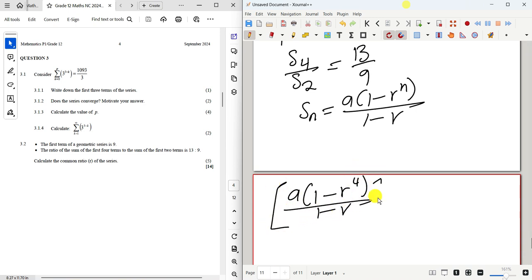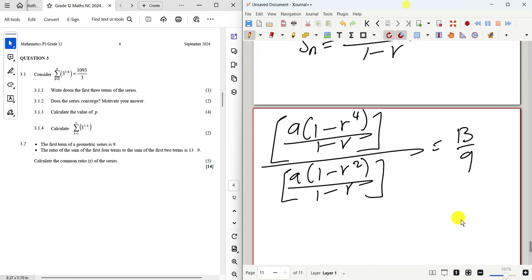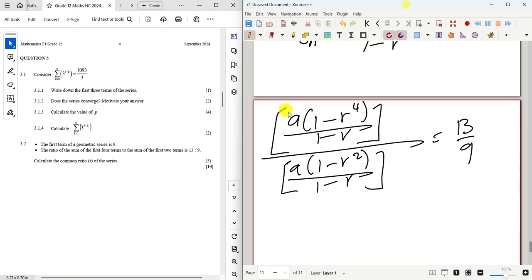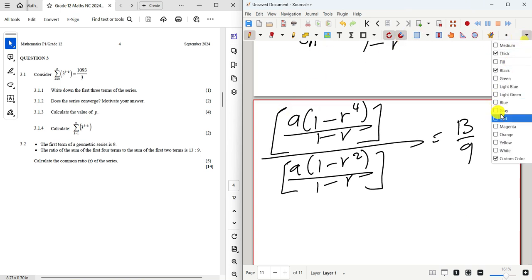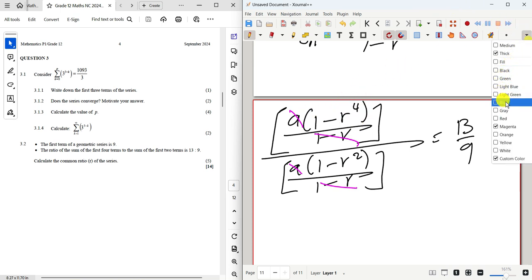Let me put it in a bracket like this, all over a into 1 minus r to the 2, close, all over 1 minus r, is equal to 13 over 9. As you can see, guys, these are cancelling. And this, we can now factorize.